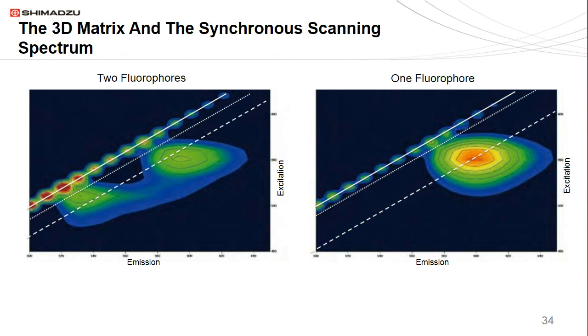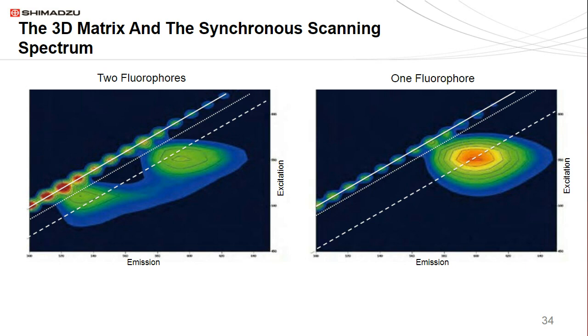Here you see 2 three-dimensional matrices, and they're done in such a way that you can see the Rayleigh-Tyndall scatter peaks, and that's the diagonal line that's running through both of these presentations. The synchronous scan is a diagonal slice that is parallel with the Rayleigh-Tyndall scatter line, which is here denoted by the solid line, and a small delta offset is the dotted line, and a larger delta offset is the dashed line.